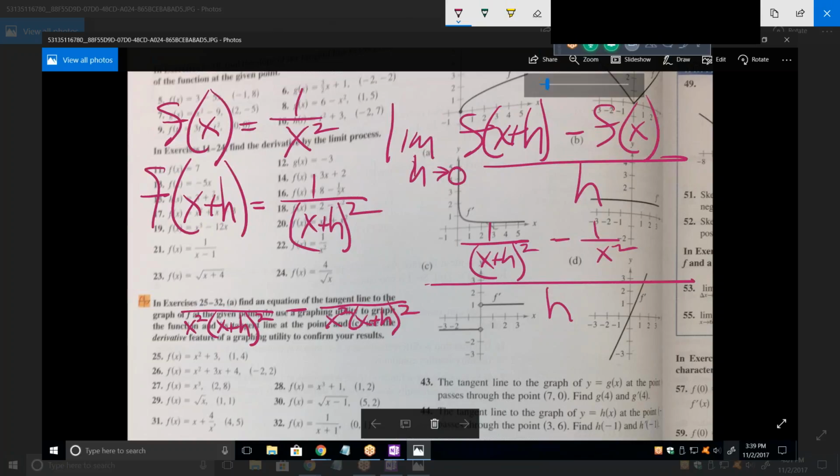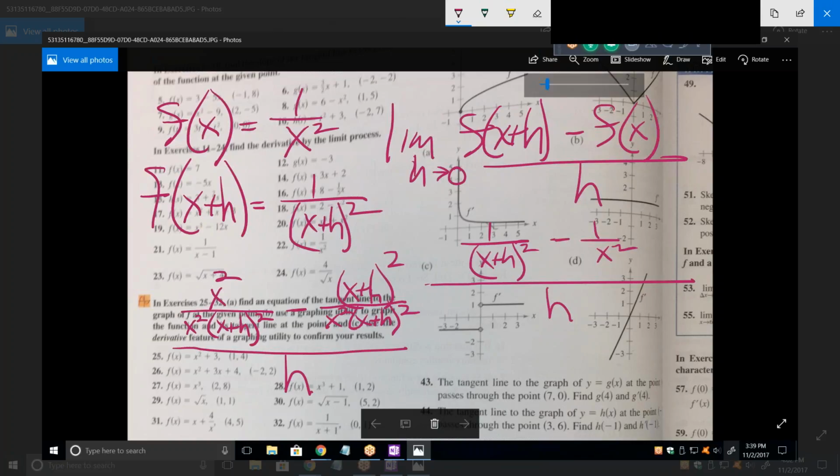Now, what is the left numerator of the numerator? So it'd be x squared. And what is the right numerator? X plus h squared. And remember, all of this is being divided by h. So, we want to operate on the numerator. In other words, now we have to expand that.